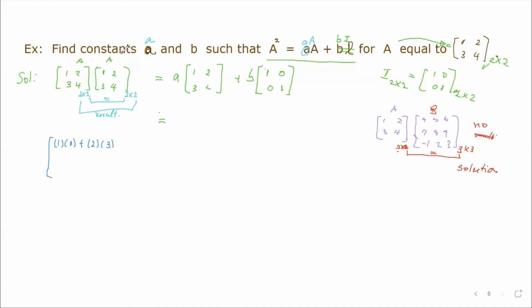And next, first row with the second column: 1, 2 and 2, 4. So 1 times 2, plus 2 times 4.